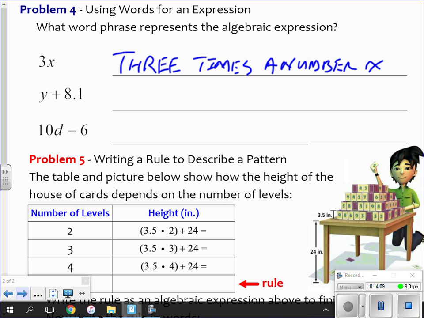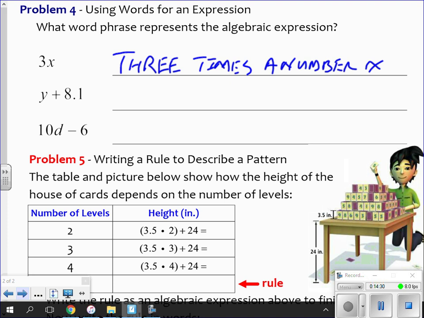Okay. So the next one. y plus 8.1. Okay. So 8.1 more than y. Excellent. Other ideas, other options. What's a more technical term that we use for addition in math?